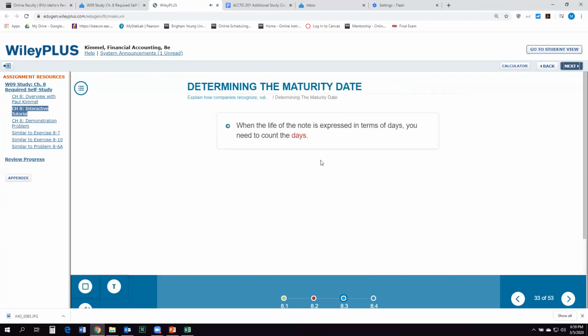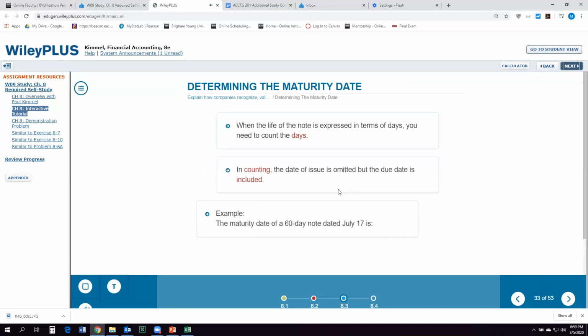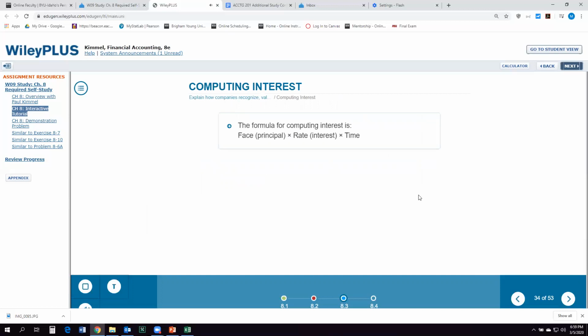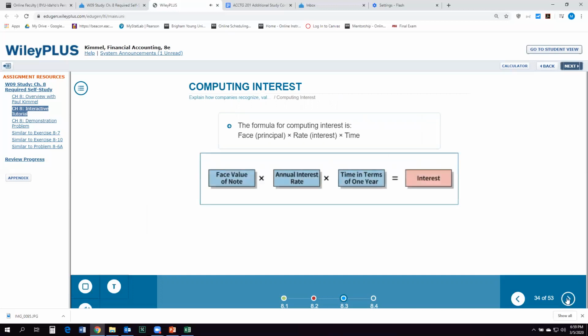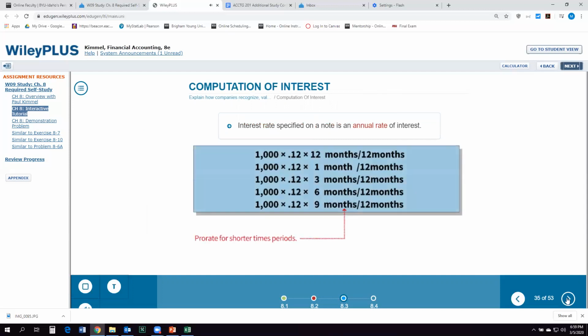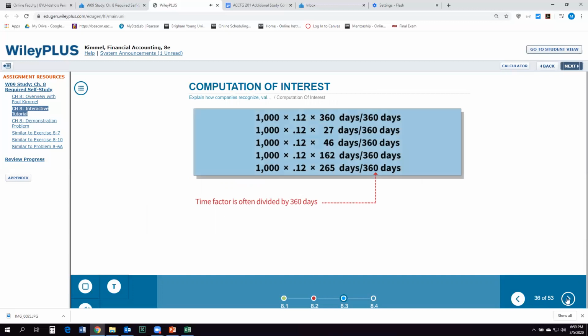Expressed in terms of days. To count days. Yeah, it's after that, the interest on note. Your rate of interest is stated in percent. The time factor is frequently the number of days divided by 360. Okay, so Patricia, yeah.